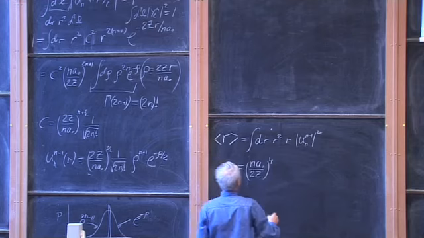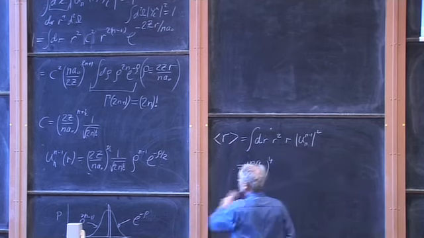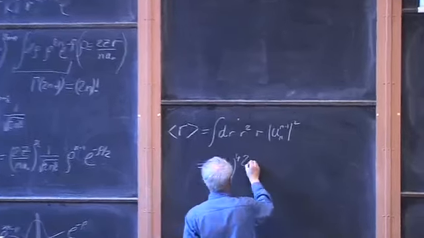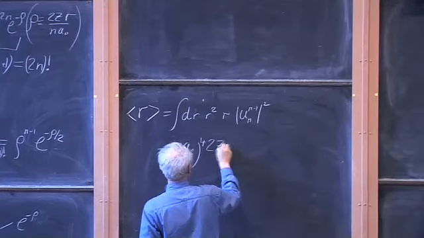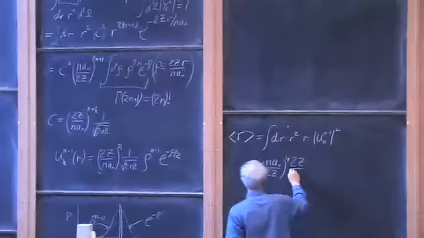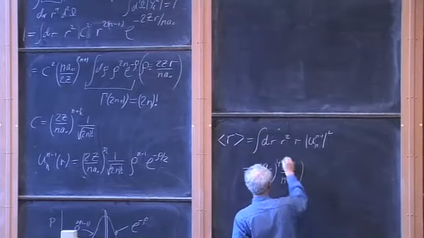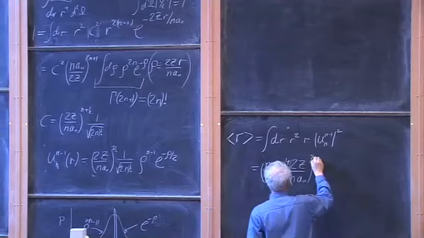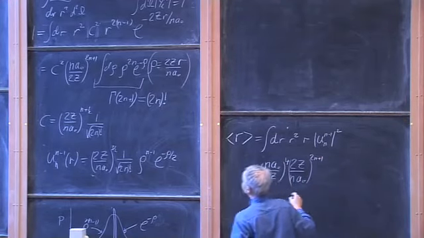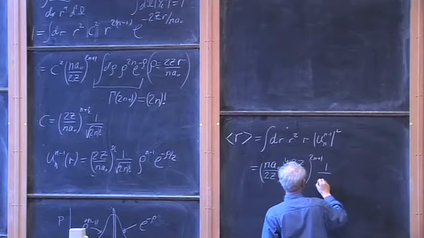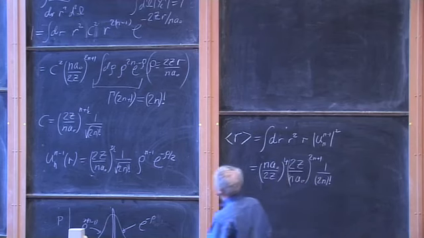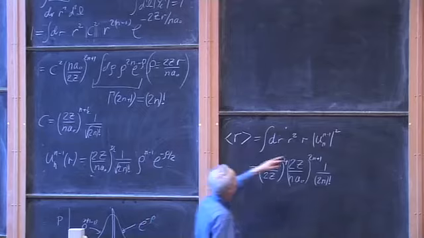Then I need to write down this thing mod squared, which is c squared, which is 2z over n a0 raised to the 2n plus 1, 1 over 2n factorial. That's the rest of c squared.